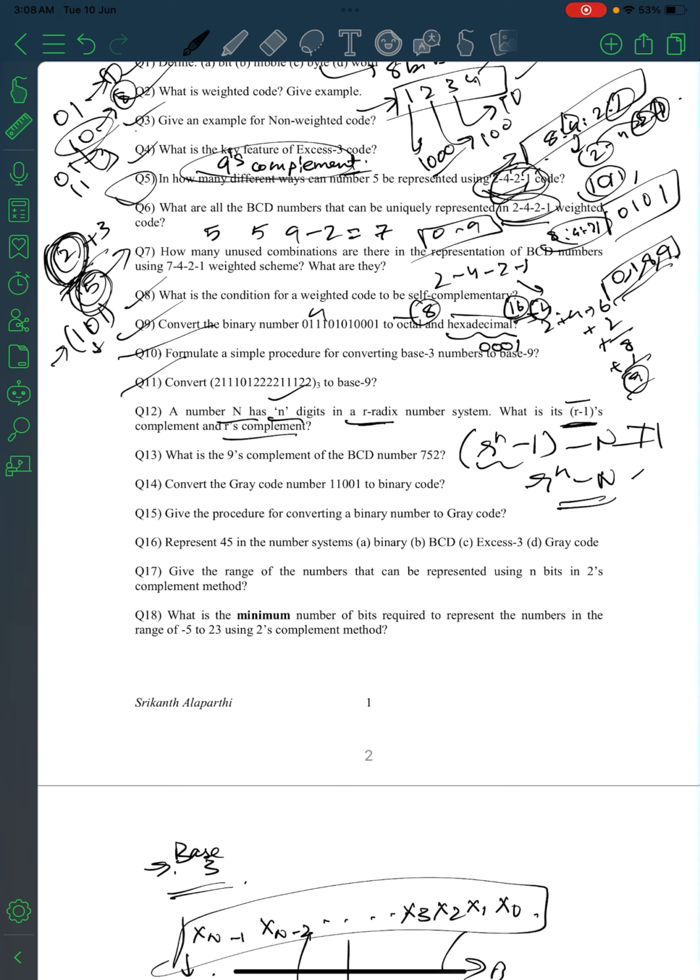The practical use of the 1's and 2's complement is simple. Subtracting the current number from the max possible number using that many digits is the 1's complement or r minus 1 complement, and adding 1 to it, or the max number plus 1 minus the current number, is called the r's complement.